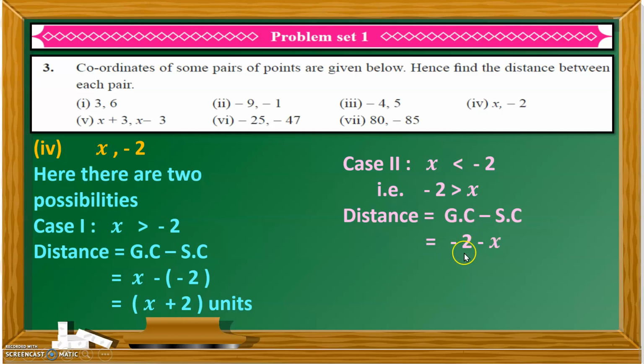Now here we write it in a different way. We write minus 2 plus x. Now minus is common, so I write minus outside the bracket with 2 plus x inside the bracket, which can be written as x plus 2. Okay students, so these are your answers. The distance between the 2 points would be x plus 2 units or minus of x plus 2 units.